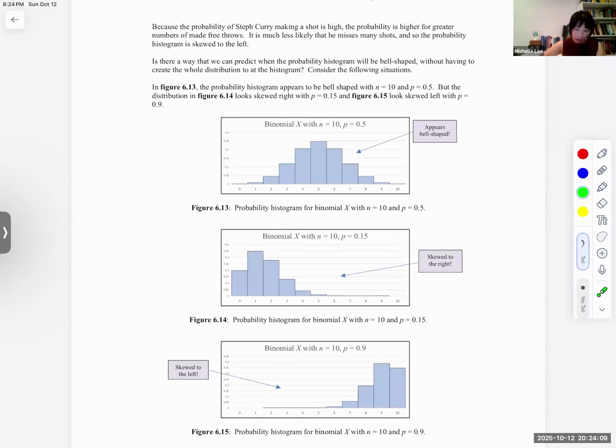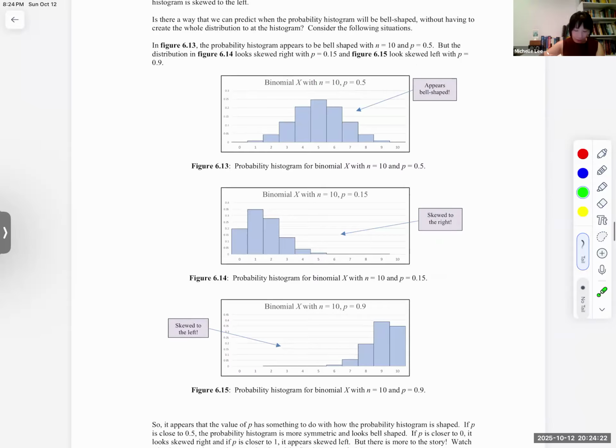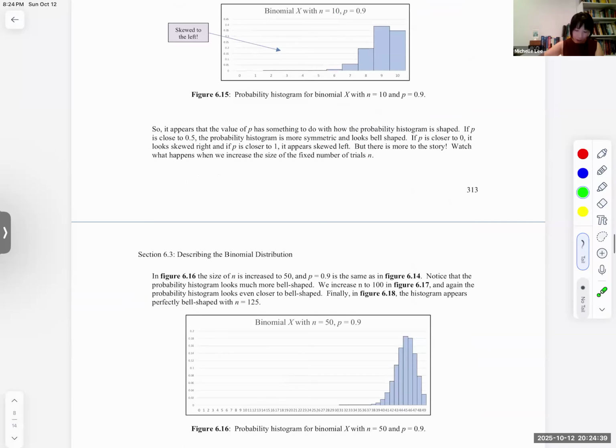How about n equal to 10 and the probability is much smaller, 0.15? Then we have a skewed right shape. What if the probability is the same as Stephen Curry had earlier, 0.9, 0.91? So n equal to 10, probability is 0.9, that's skewed left.